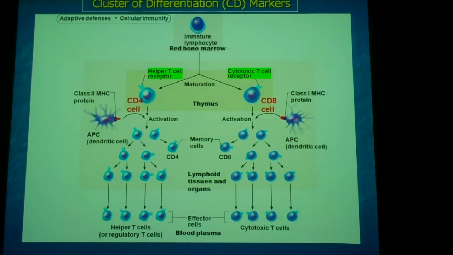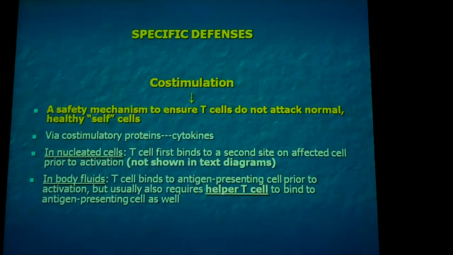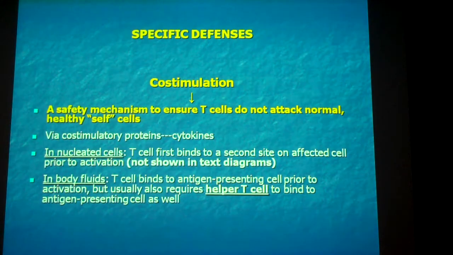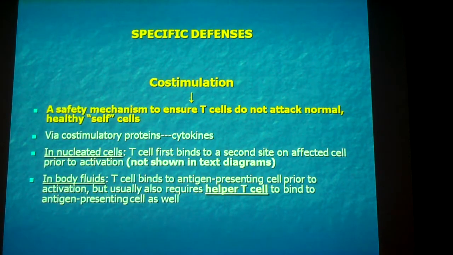Now in this little diagram here, the foreign antigen is being presented by a dendritic cell on both sides. As I said, co-stimulation is just a safety check mechanism to ensure that the T cells do not attack normal, healthy self cells.